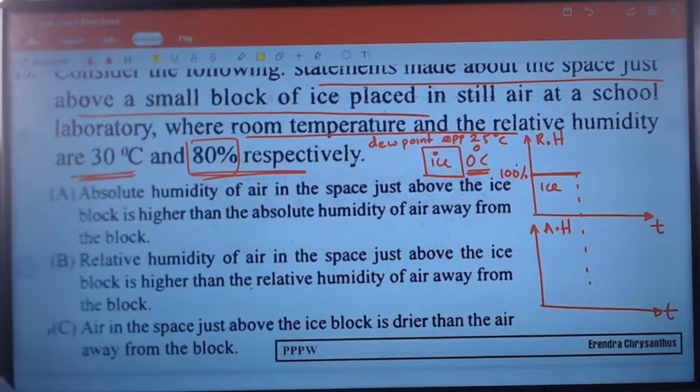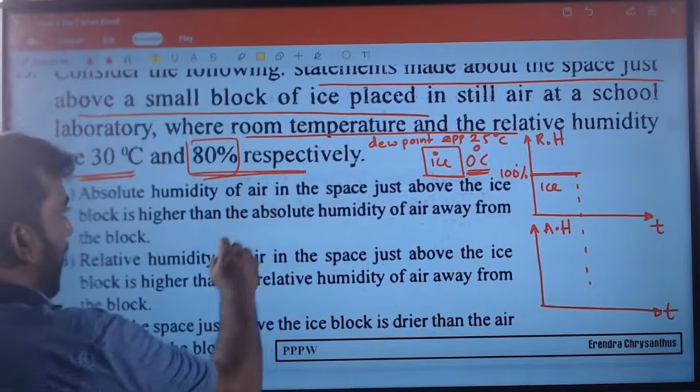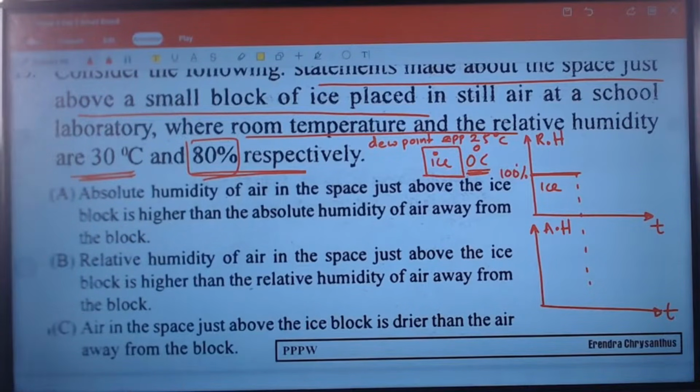So again, read: absolute humidity of air in space just above the ice block is higher than the absolute humidity of air far away from the ice block. Far away from the ice block. Now RH is maximum near the ice.